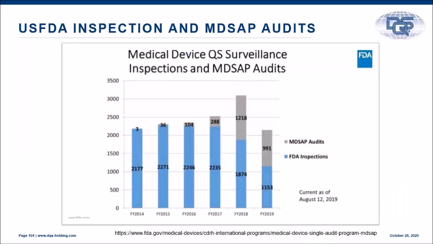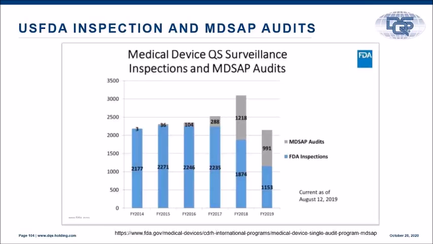Just to give a gist, the number of inspections done by US FDA has come down once this MDSAP program has been rolled out and become fully effective. If you look at data up to August 2019, the number of FDA inspections has come down, and the number of MDSAP audits has constantly gone up.